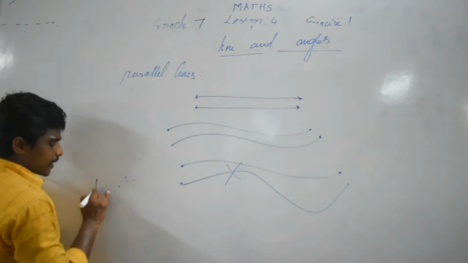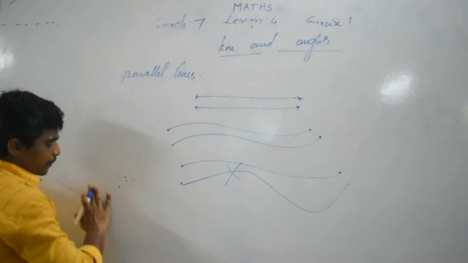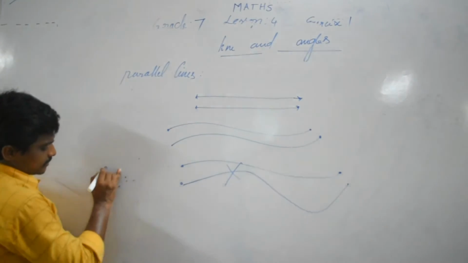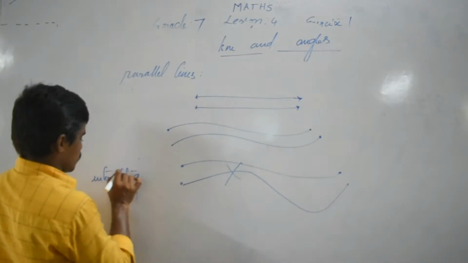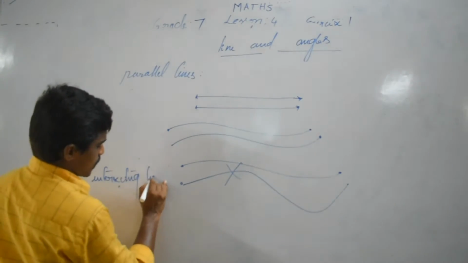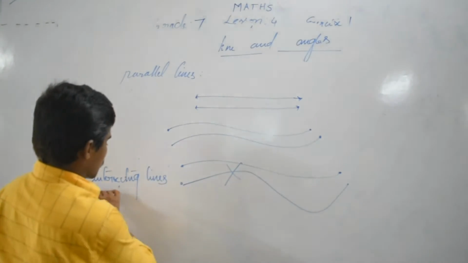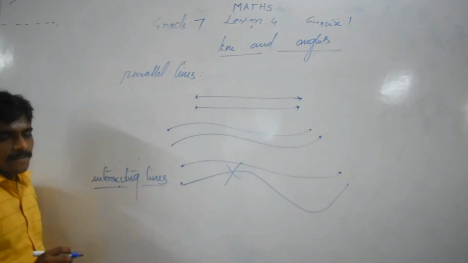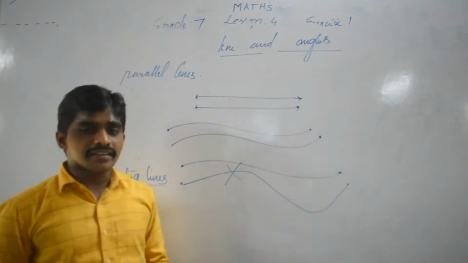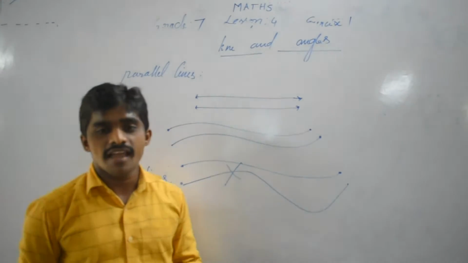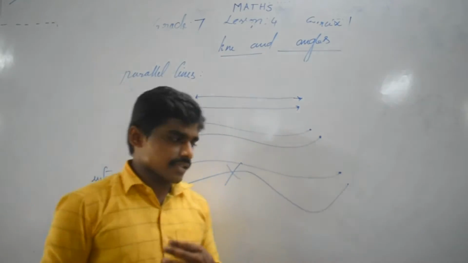Next one, perpendicular lines. But before that, intersecting lines. What are intersecting lines? Two lines that meet at a point. Those lines are called intersecting lines.